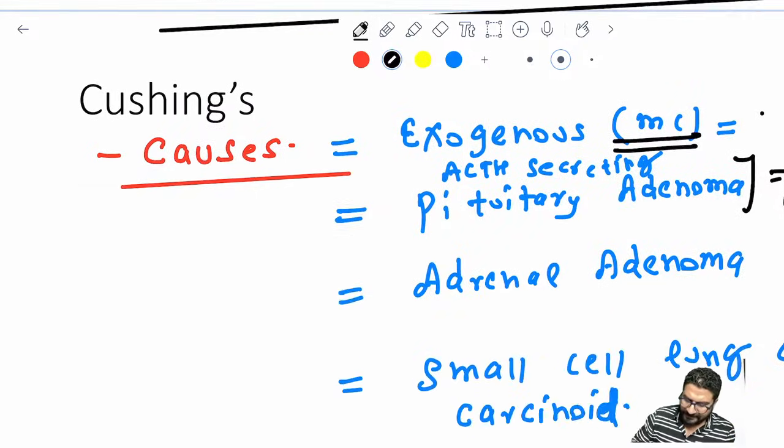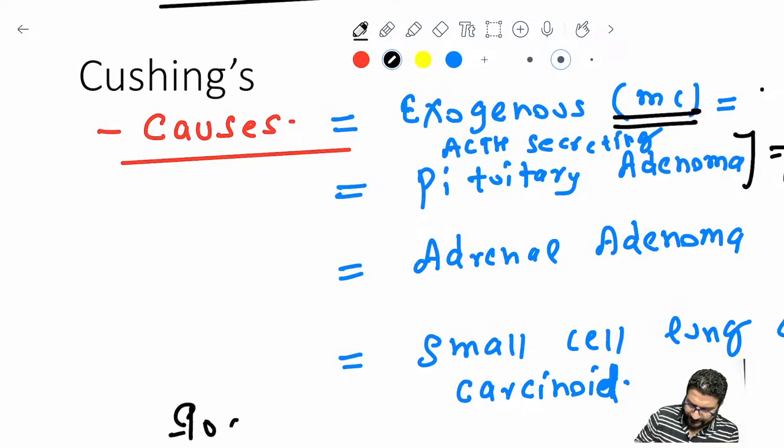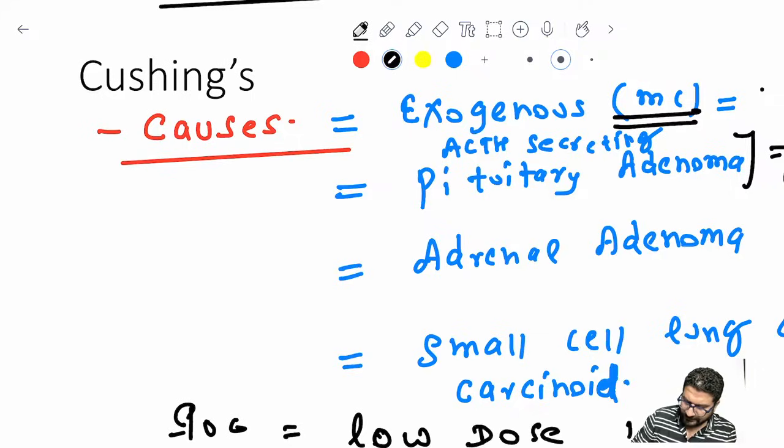Done. And coming to investigation of choice, it will be low dose dexamethasone suppression test, right?